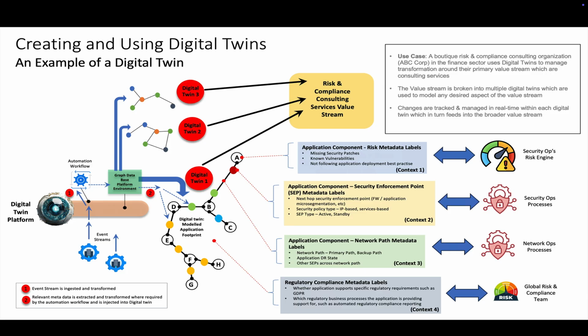The second lens refers to which regulatory business processes the application is providing support for. For example, the application might be used by consultants to execute automated regulatory compliance reporting on behalf of ABC Corp's clients. Thus far for Digital Twin 1, we have discussed 4 example contexts.